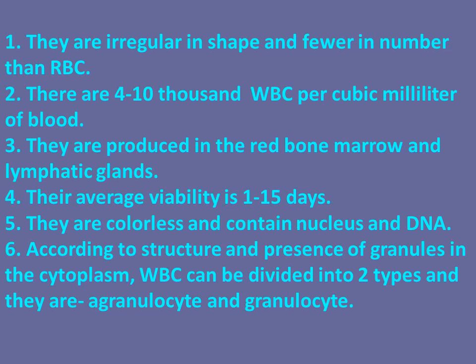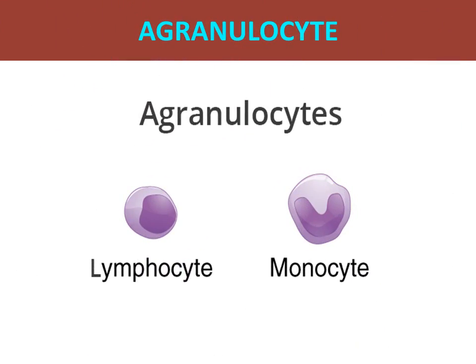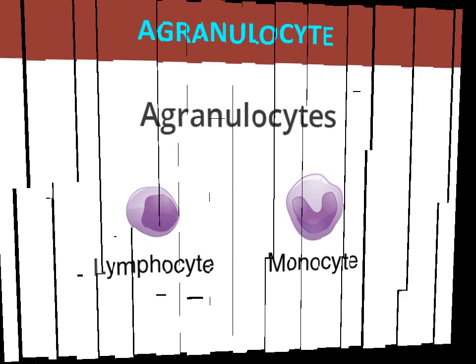According to structure and presence of granules in the cytoplasm, WBC can be divided into 2 types: agranulocyte and granulocyte. Agranulocytes are also divided into 2 parts, lymphocyte and monocyte.